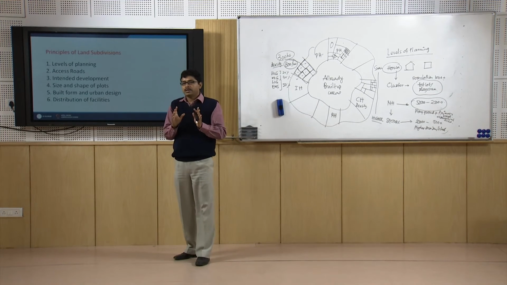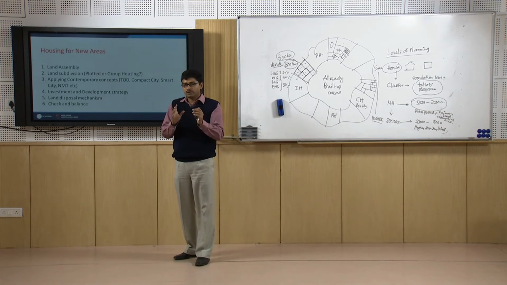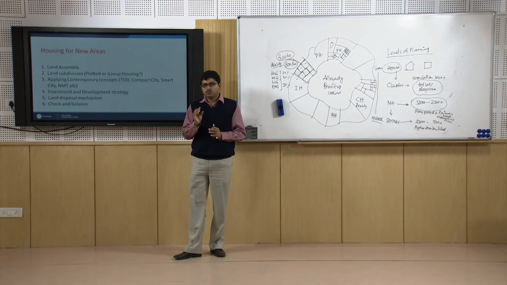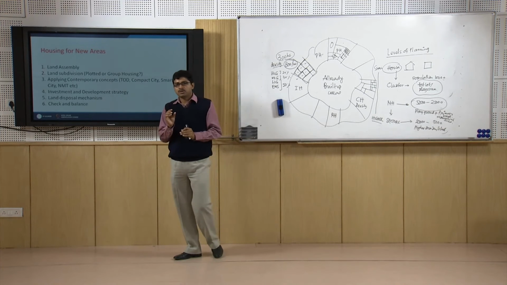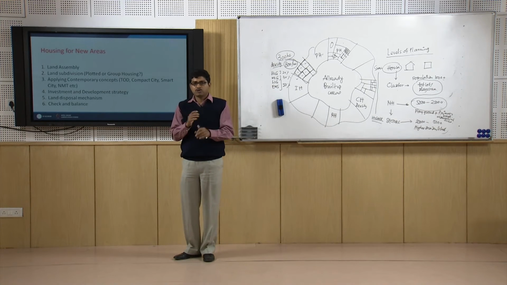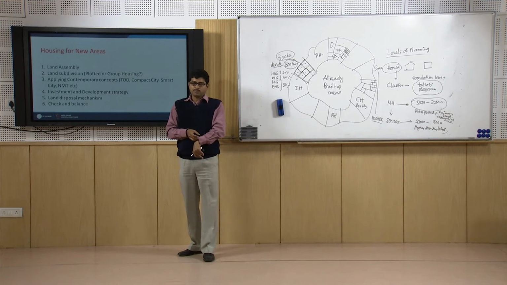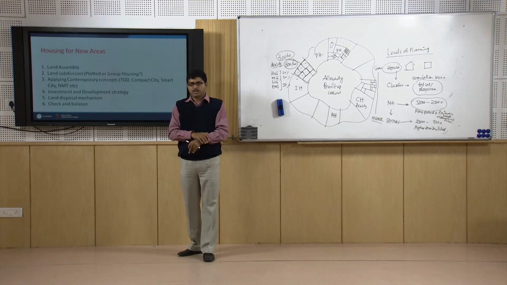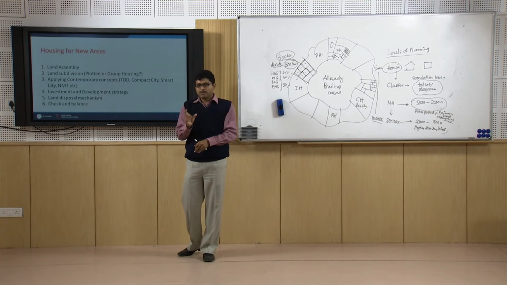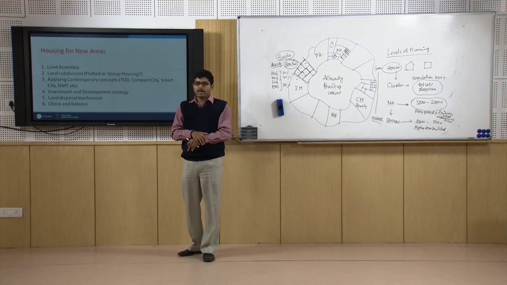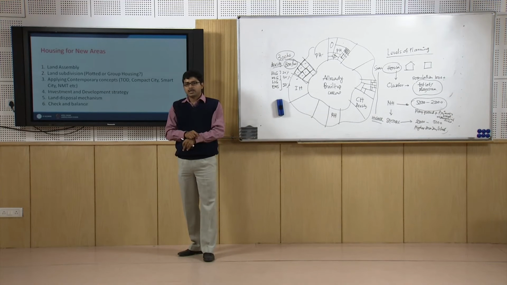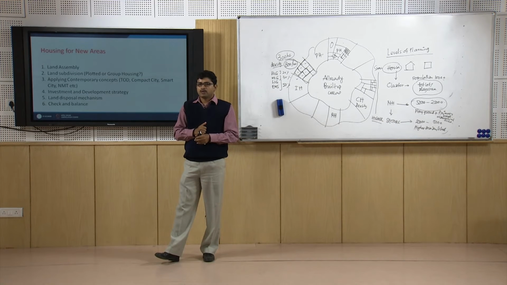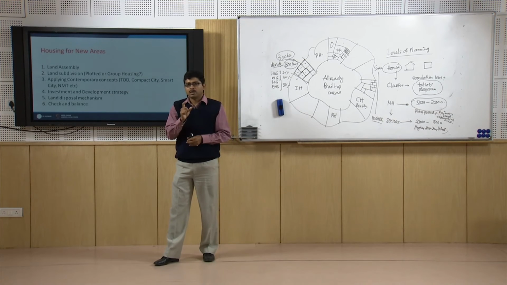We will have a different discussion on cooperative housing, but for today you can take a note that for cooperative housing we have to design the plot in such a way that each and every cooperative can build their house within that plot size and shape. So, to determine the plot size and shape, we have to have a cross calculation of the possible architectural layout of the housing for that particular user group.